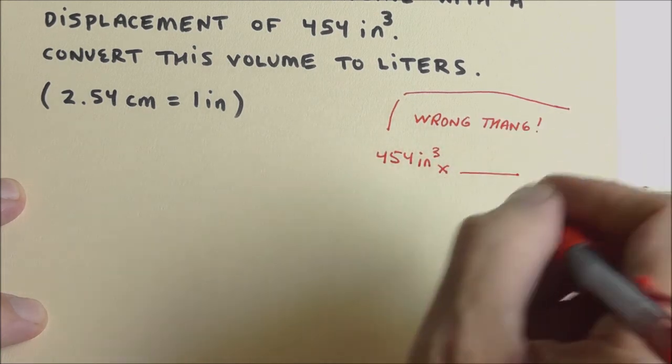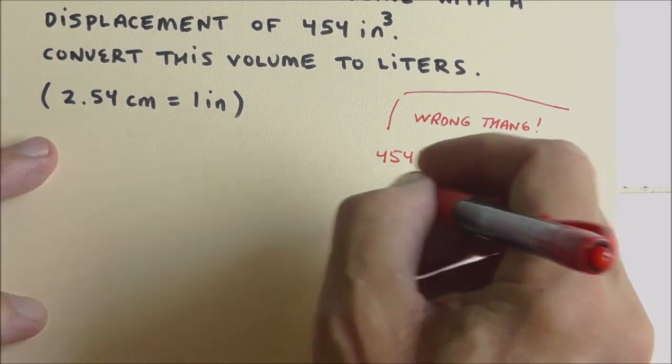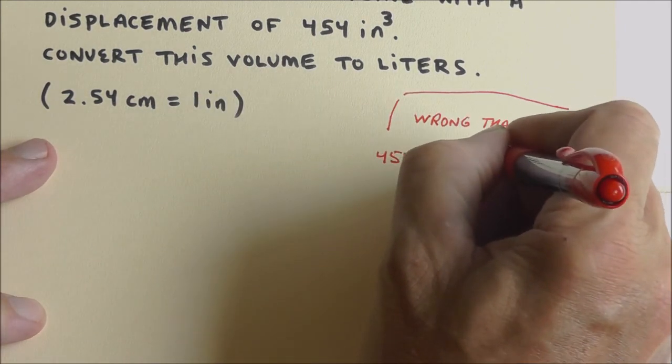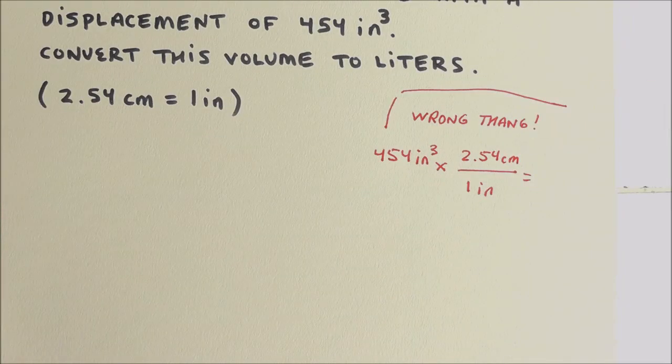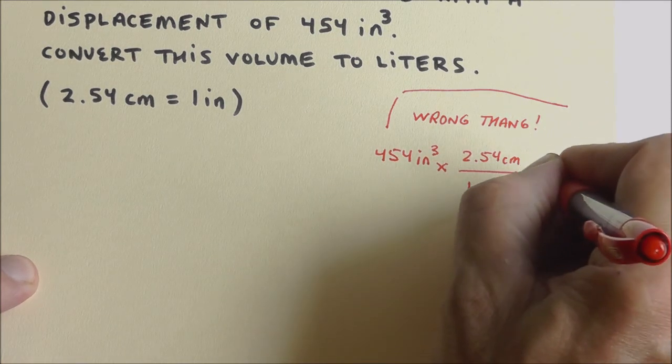And then I could say, okay, I'm going to use the conversion factor like Mike did last time. 1 inch, 2.54 centimeters. And then I could say, well, the answer must be 454 times 2.54, and then 1,153.